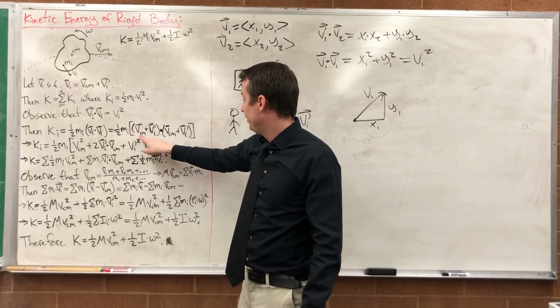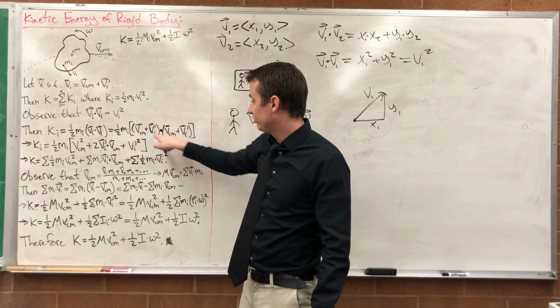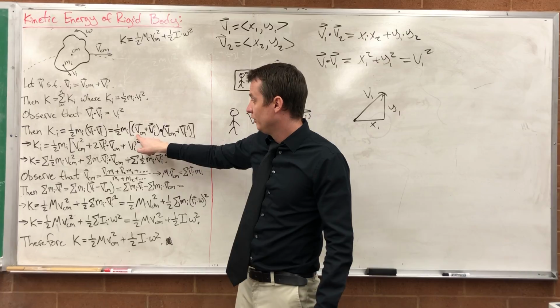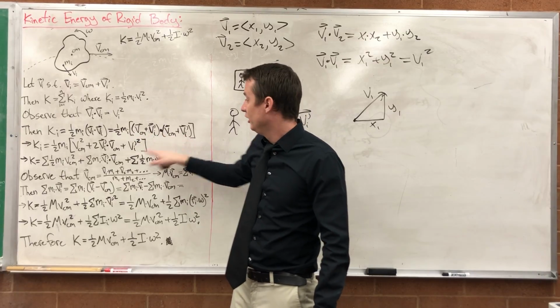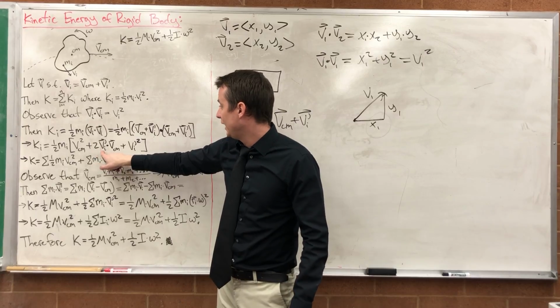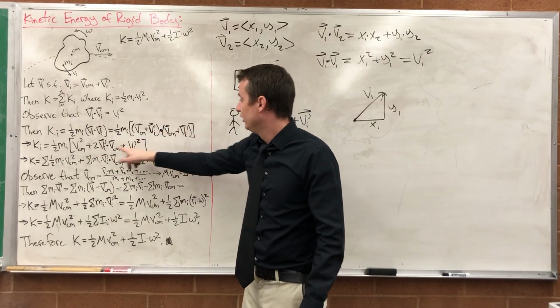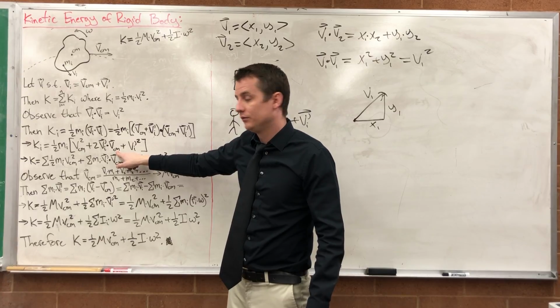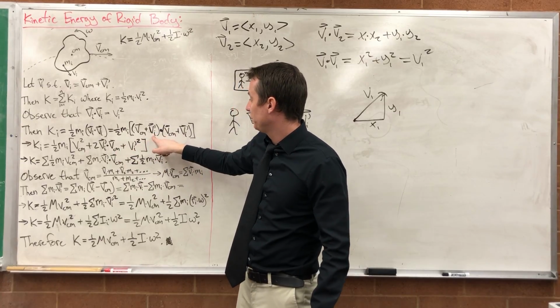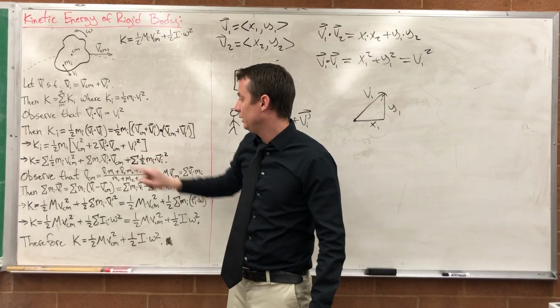And then I'm going to have this dotted with this, and this dotted with this. Those are both the same: velocity of center of mass dotted with V sub I, and V sub I dotted with the velocity of center of mass. So we're going to have two V sub I primes dotted with the velocity of center of mass. And then finally I get V sub I prime dotted with V sub I prime, which is going to be V sub I prime squared.